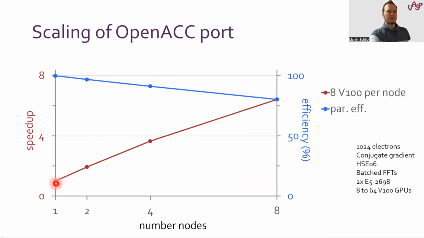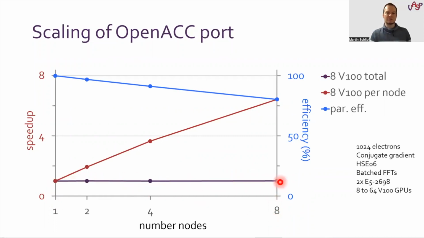So we went from 8 GPUs on one node to 8 GPUs on 8 nodes, and essentially the time is more or less constant. This really shows you how efficiently NCCL communicates between the different nodes. There's really good hiding of the communication behind computations, so we barely lose anything by going to more nodes.